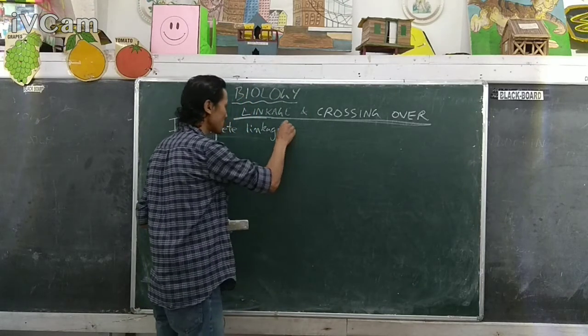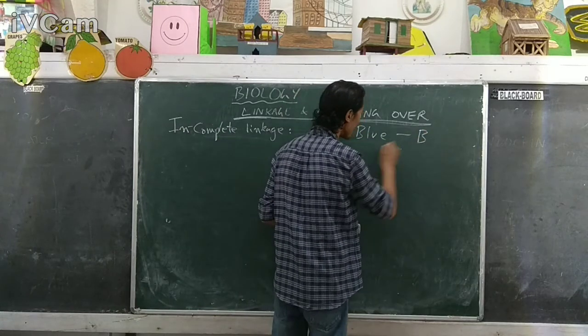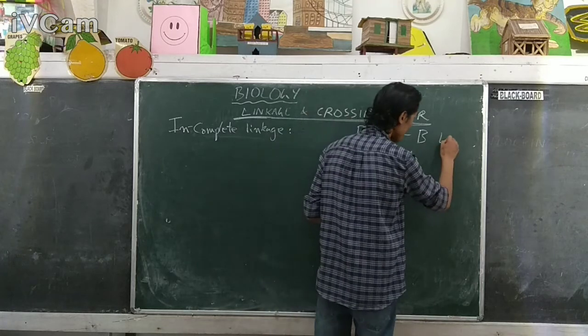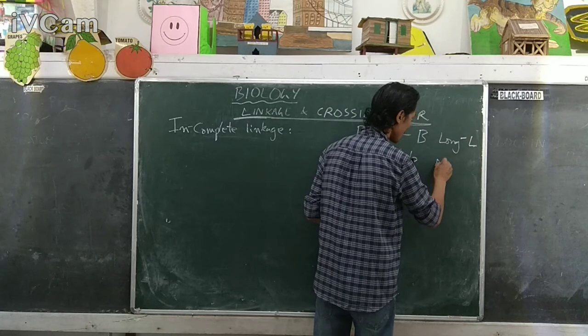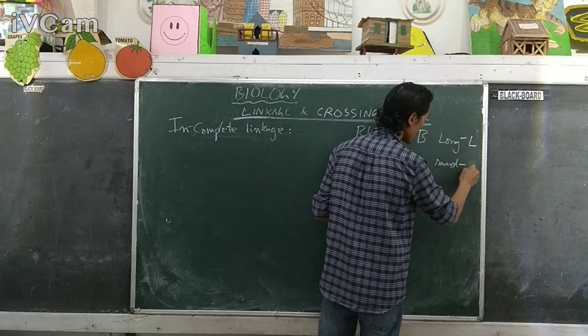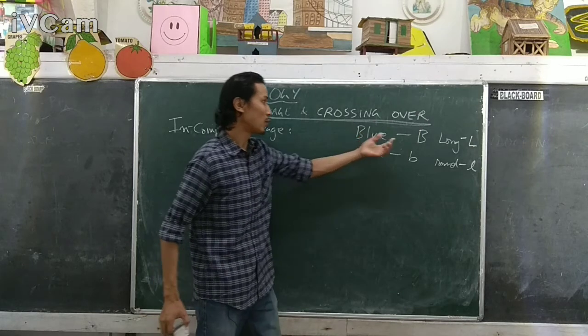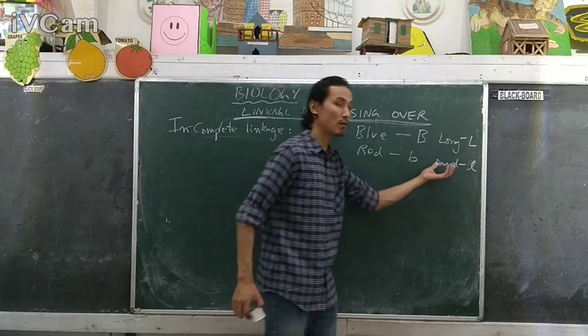When we are crossing a flower with blue color and long pollen and a flower with red color and round pollen.